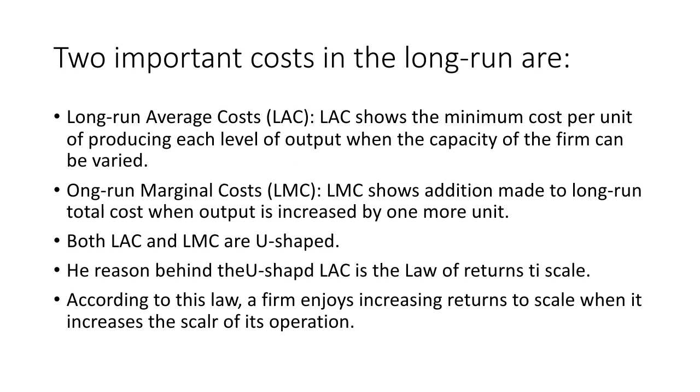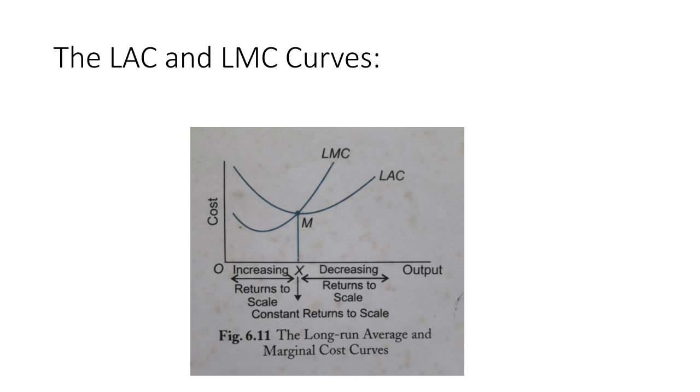And when we increase the factors of production proportionately, we get less than proportionate output, that means decreasing or diminishing returns to scale. And when we increase proportionately the factors of production and we get a proportionate increase in the output, this means constant returns to scale.